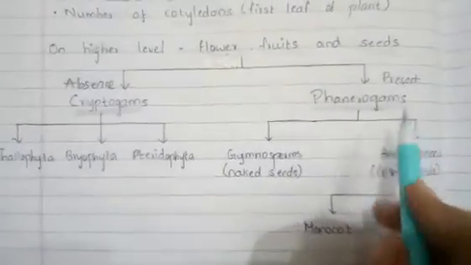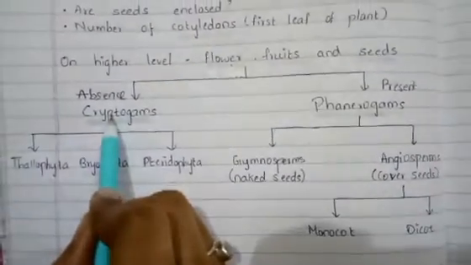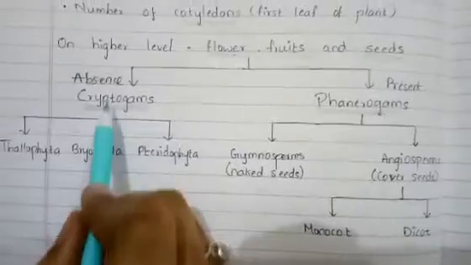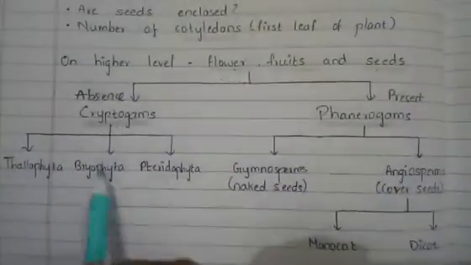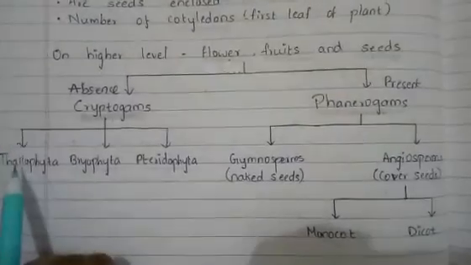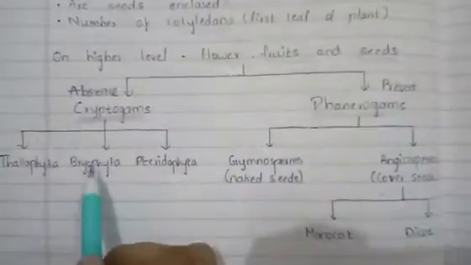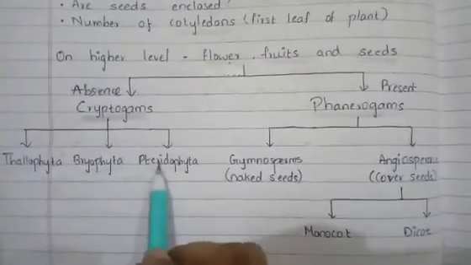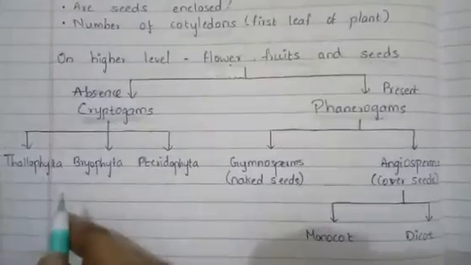Now if we talk about cryptogams first, cryptogams are again divided into three categories. The very first one is thallophyta, the second one is bryophyta and the last one is pteridophyta. Now this is about the cryptogams.